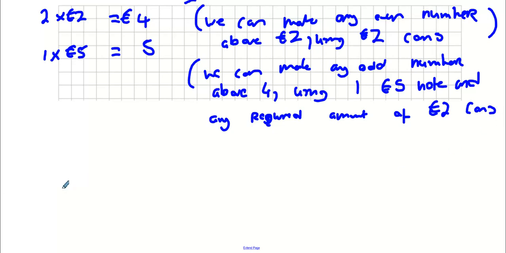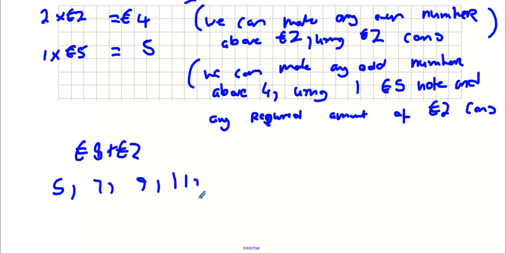So you could have a 5, and then you have a €5 plus a €2 to get a 7. Then you can have 9, 11, 13, all the way out.